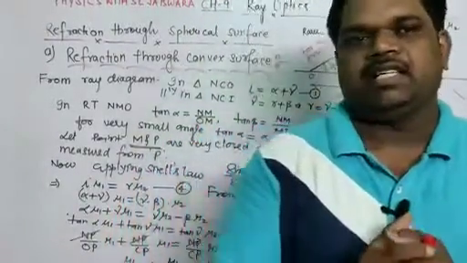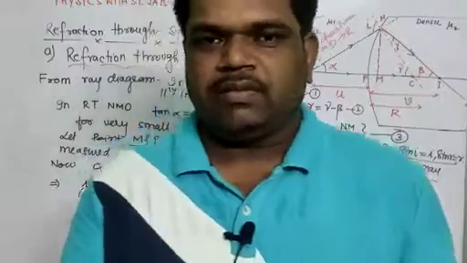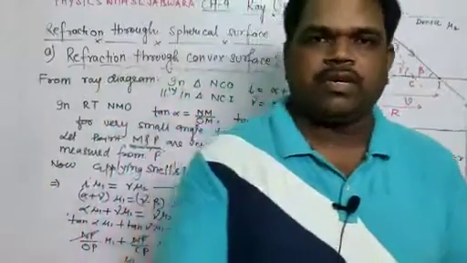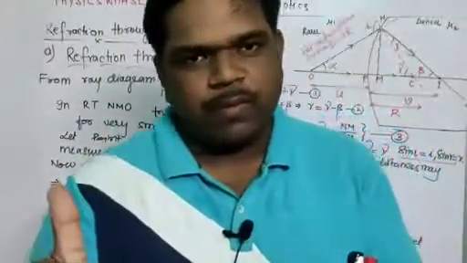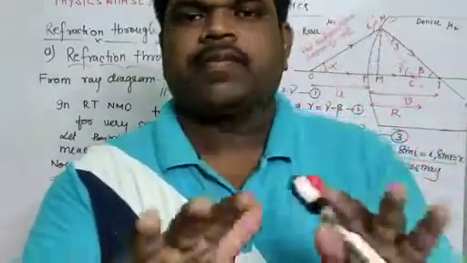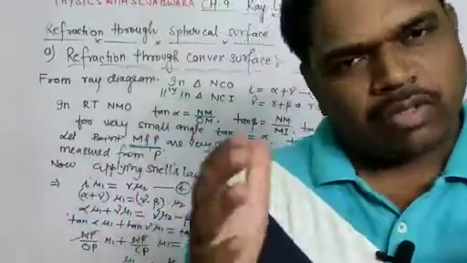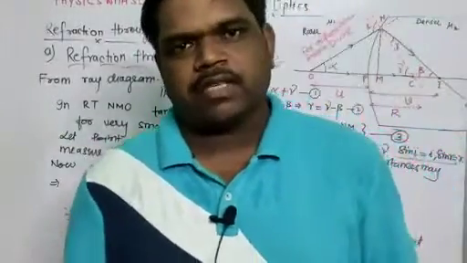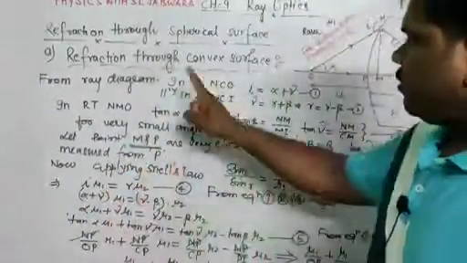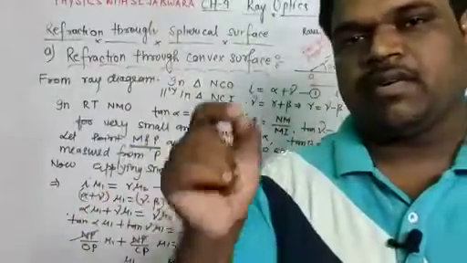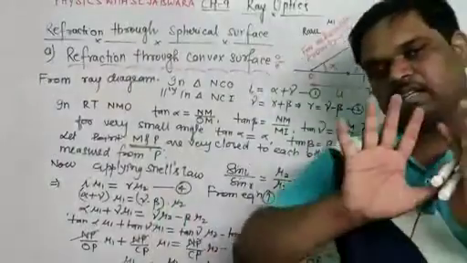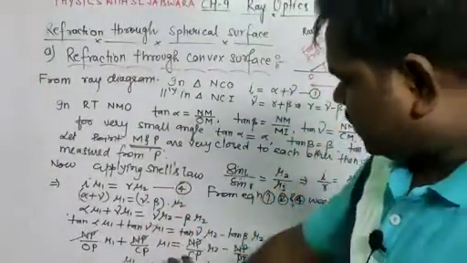But if the refraction is taking place from denser medium to rarer medium instead of rarer to denser, then mu 1 and mu 2 will interchange with each other. The type of surface hardly matters, whether convex or concave, the relation remains constant. Means for refraction through a concave surface from rarer medium to denser medium, this relation is the same as it is.